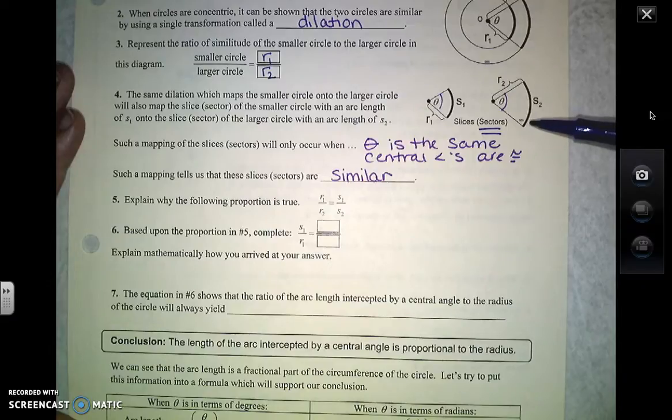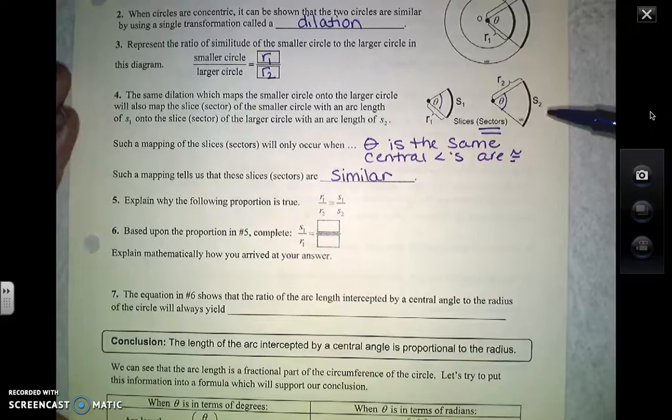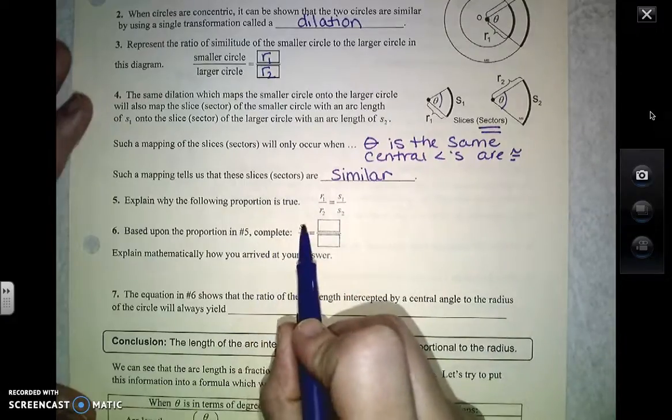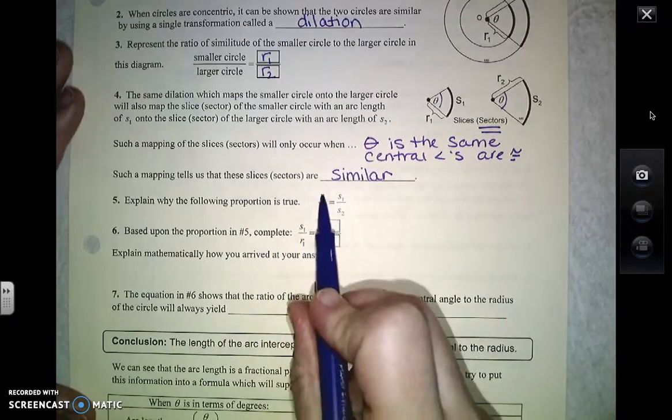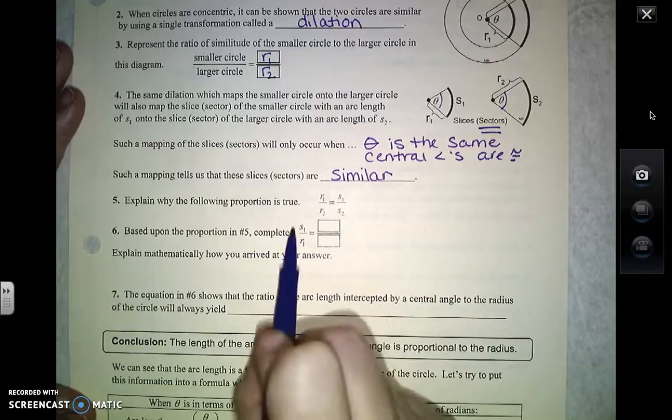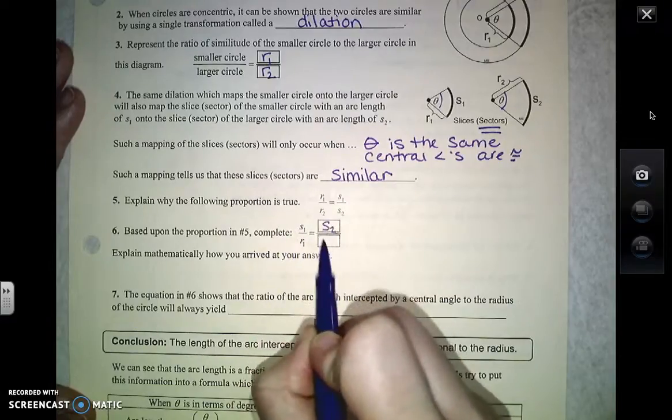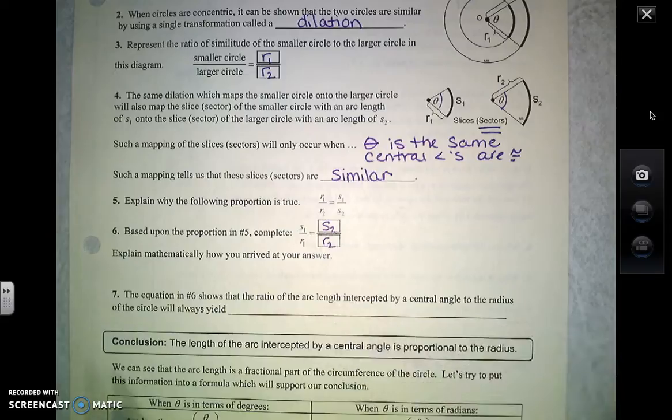So the ratio of the radii is equal to the ratio of the arcs that were created. As you know with similar figures, you can say R1 to R2, or you can say S1 to R1 and S2 to R2. That's just because we can rearrange those proportions.